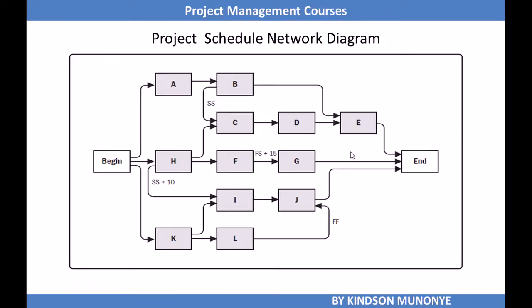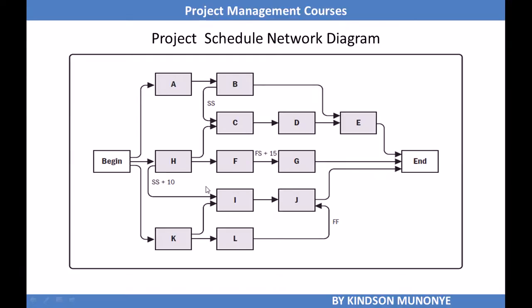Here is an example of project schedule network diagram. We have activity A, B, C, D down to K, L. Okay, so here we have FS plus 15, and that is a lag of 15, meaning that G must wait for 15 days after F has completed, because we have this finish to start relationship.